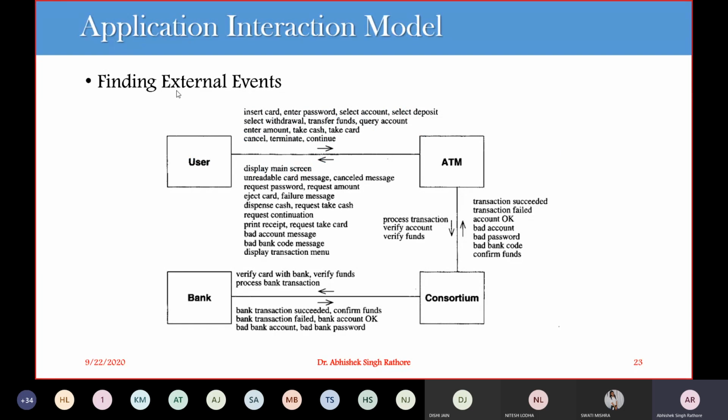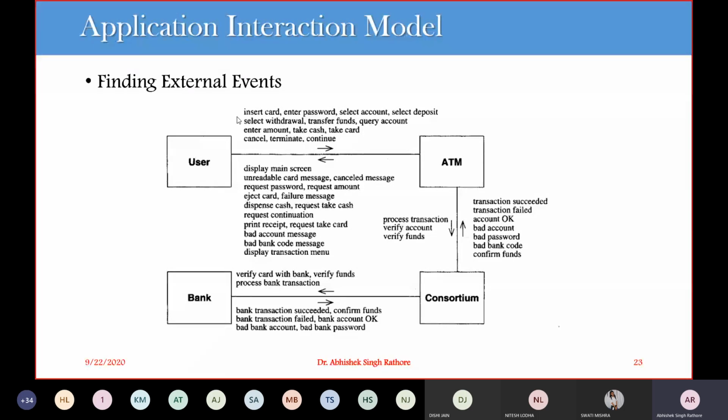After identifying this sequence diagram, we again stick to your external events. When you are moving to this, you are mapping this event, so these are just events for your ATM card. When you have a user, the user inserts his card and then enters password, then selects account, then selects deposit machine.